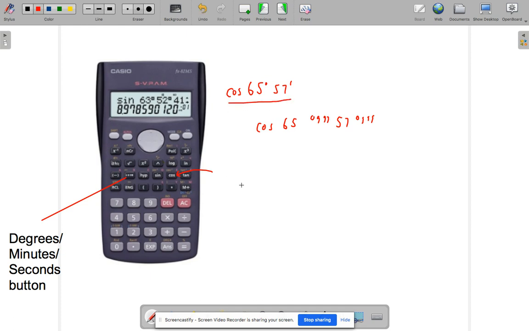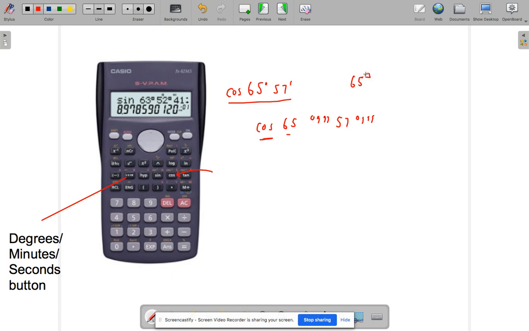Now, that's not the readout for that, I realise that, but I'm going to take you through this very slowly. So the first thing you do will be press the cosine button, followed by 65. Then we press the degrees, minutes, seconds button, and you should see a readout now with 65 and a little square there, attempt to do a degree sign.